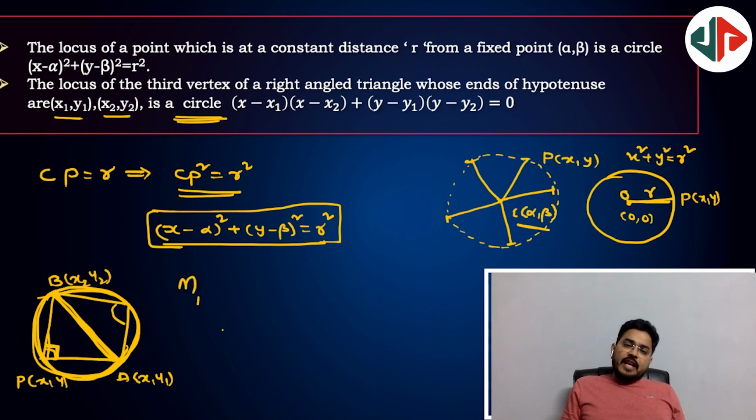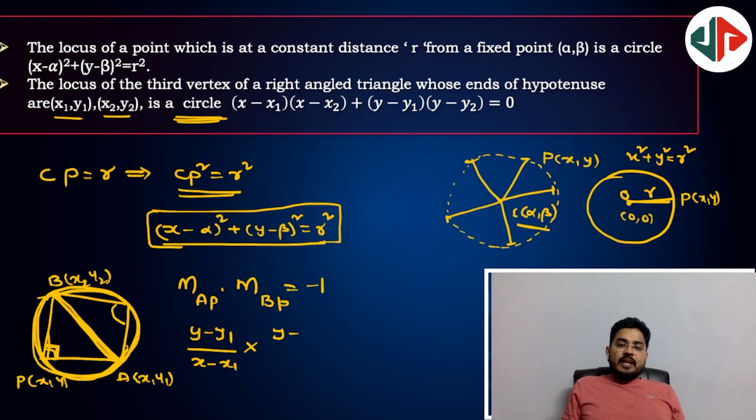Slope of AP into slope of BP is equal to -1. So, slope of AP, (y minus y1) by (x minus x1), into slope of BP, (y minus y2) by (x minus x2), is equal to -1.